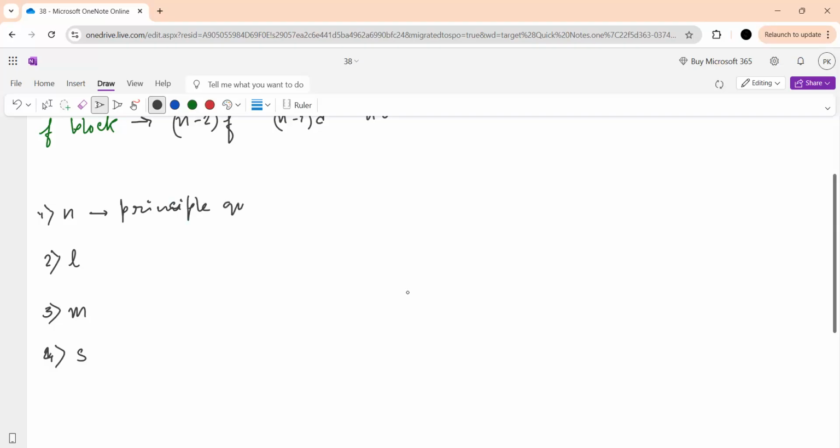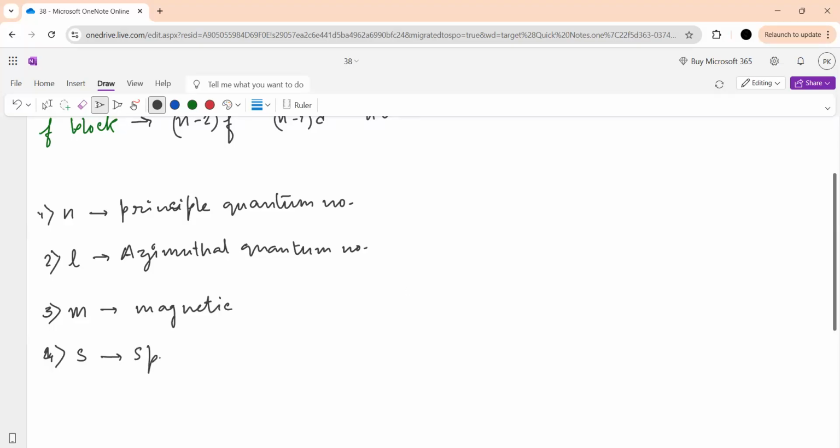Principal quantum number, azimuthal quantum number, magnetic quantum number, and spin quantum number. Do you remember these? Yes, ma'am. It was from structure of an atom.